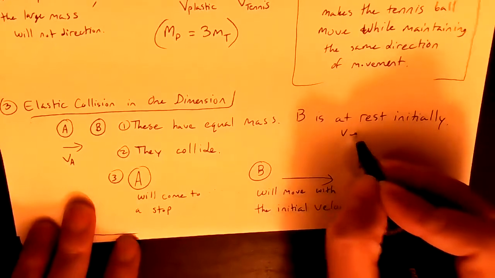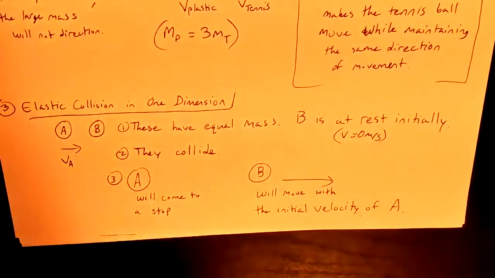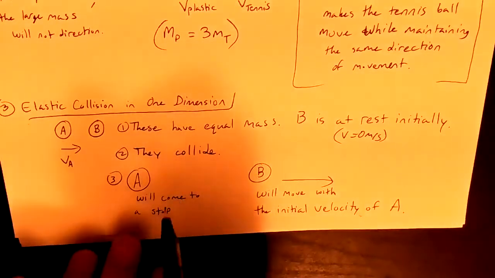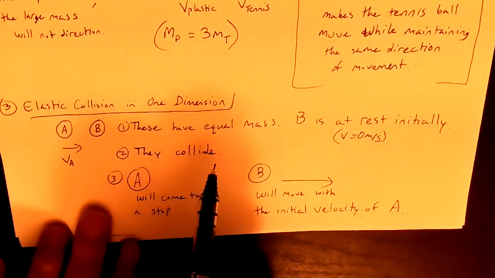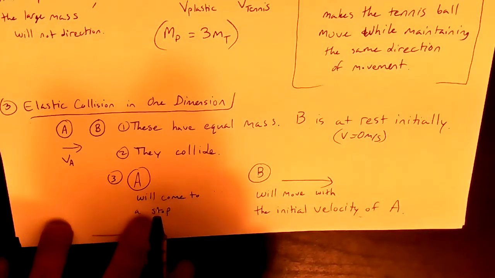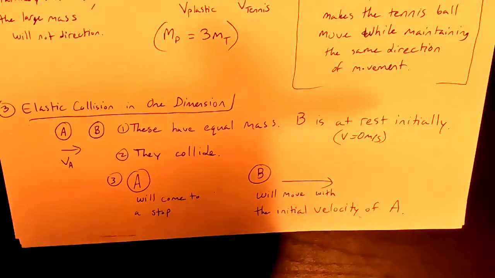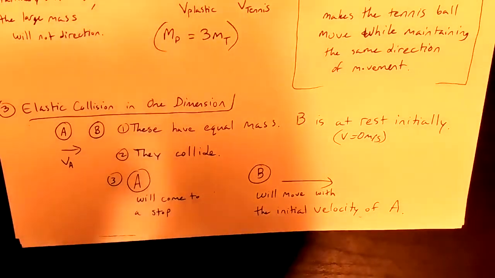So at rest, V equals 0. They collide. A will come to a complete stop. B will move with the initial velocity of A.